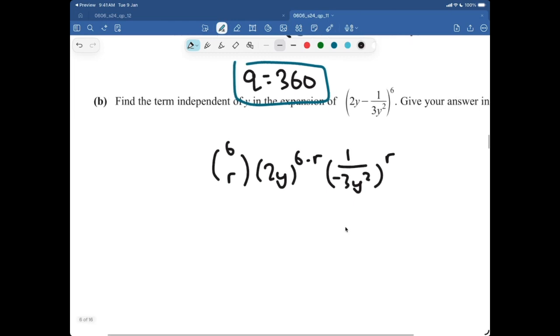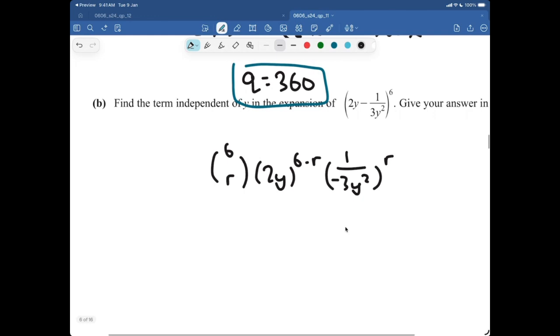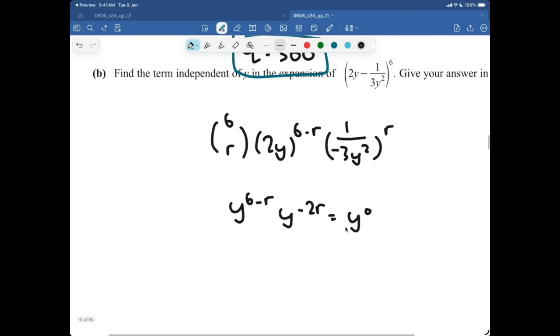And then you know that it's independent of y, so you could write y to the 6 minus r, y to the negative 2r is equal to y to the power of 0 because it is a constant. So using some basic index laws, you find r equals 2.